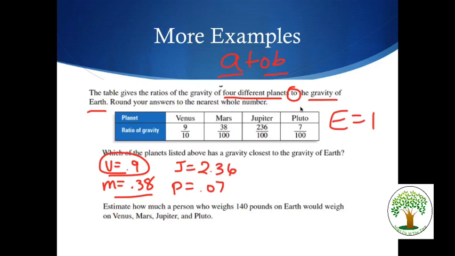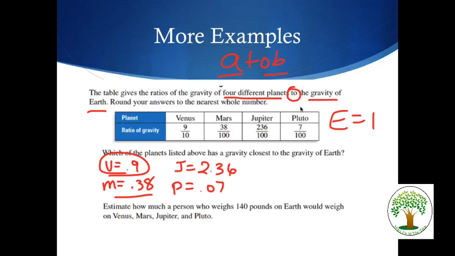So if you're on a planet that's larger or has more gravity, it will pull you down more and you will weigh more on Jupiter than you will on Earth. On the moon you will weigh less because it's a smaller celestial body.